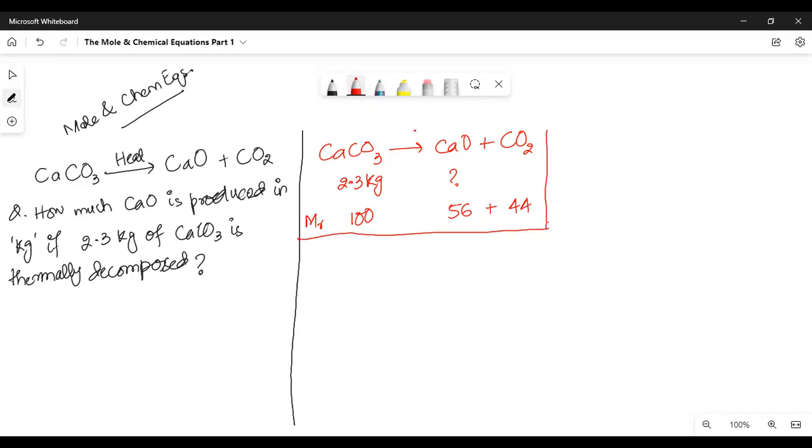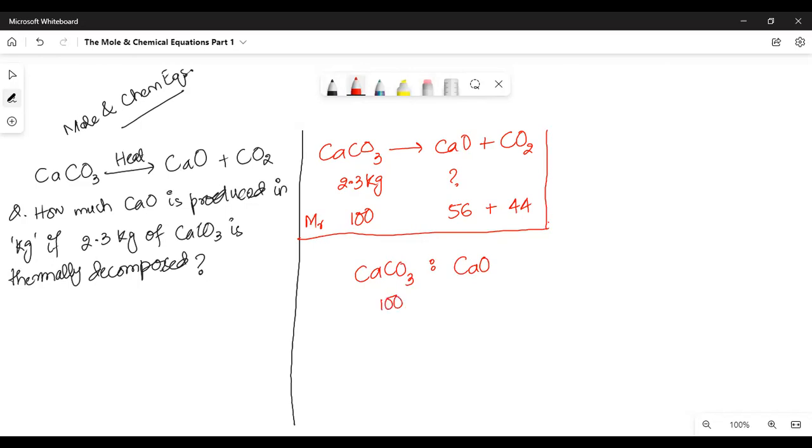So really, the step I want you to focus on is that you have the information for calcium carbonate. Let's put it on the left. You want to find out the information for calcium oxide. So let's put it on the right. Okay.